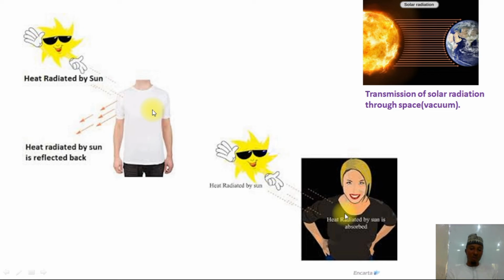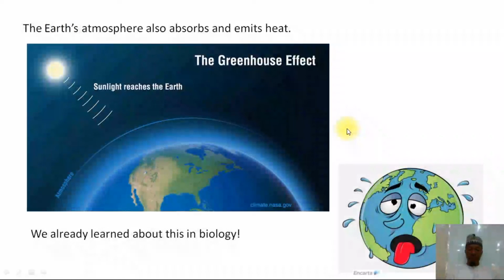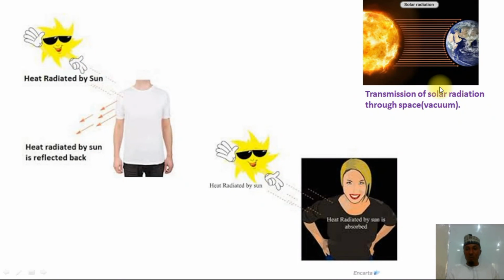Or which one do you think is comfortable for you to wear on a warm day, a white t-shirt or a black t-shirt? A white, of course, because all of the infrared radiation coming to it is reflected. But here, this girl will feel very hot on a very warm day. But infrared is transmitted, like I mentioned earlier, through space without requiring any material medium.